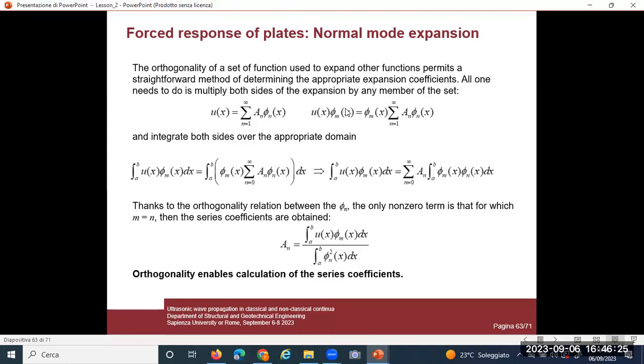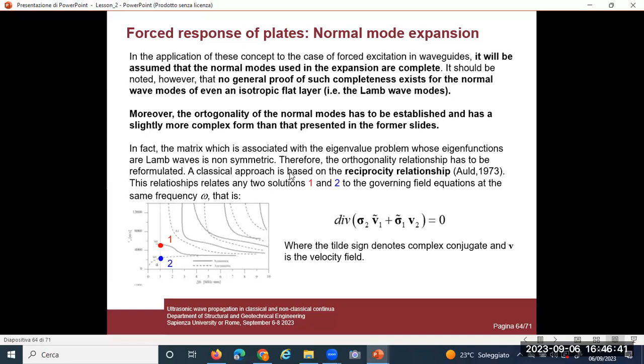You can express a solution as a superposition of modes because you are able to derive the coefficients of the series. But this is not the same with wave modes, because the wave modes do not directly satisfy orthogonality conditions.